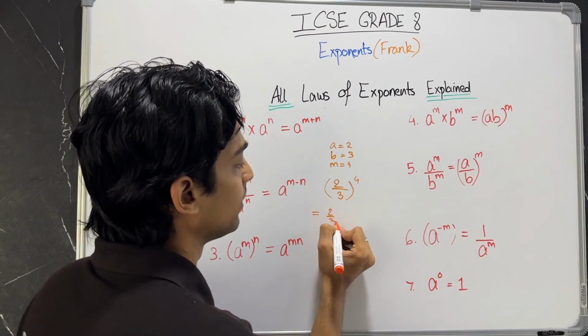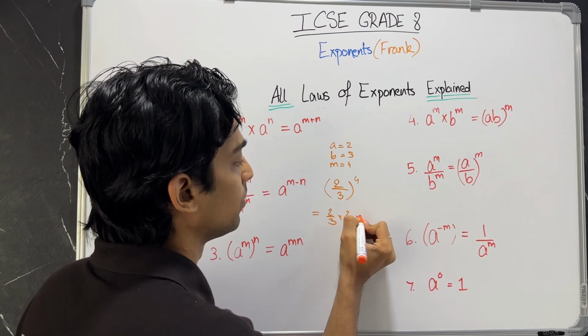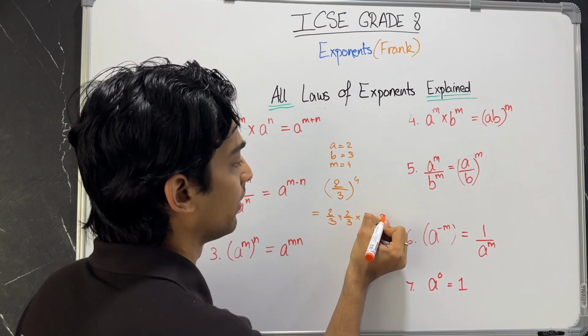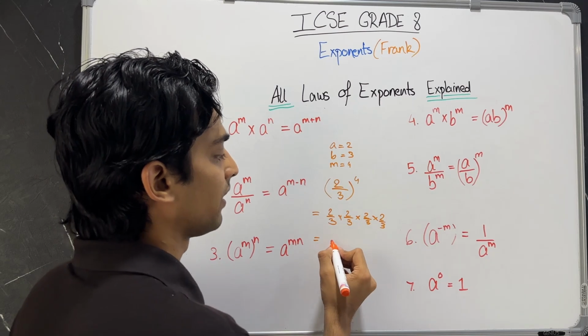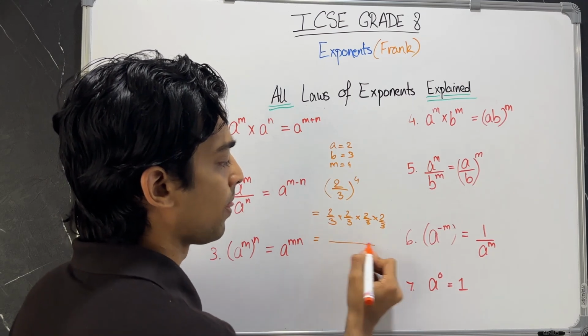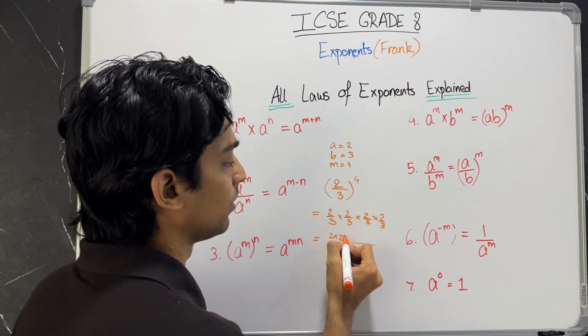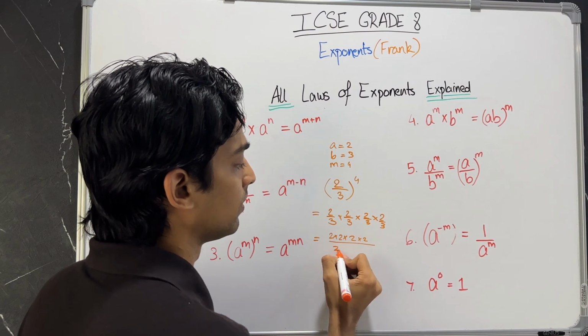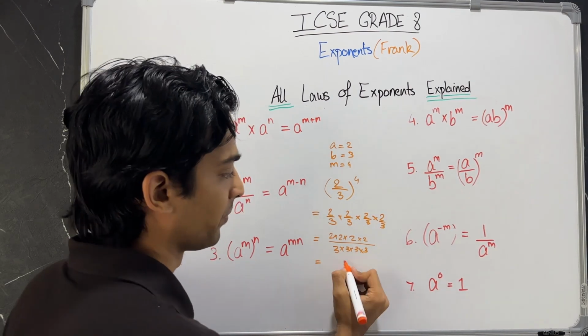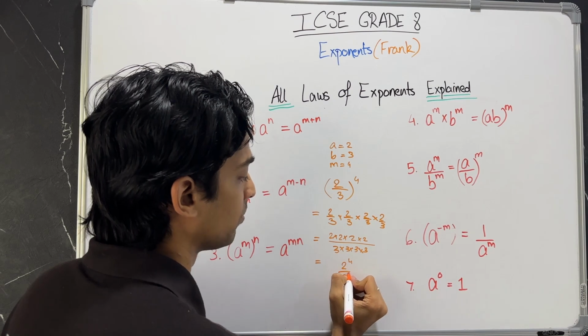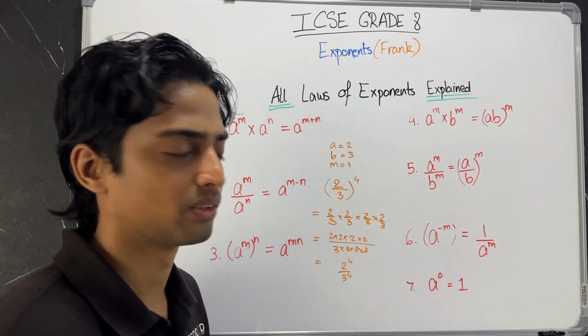So we'll get 2 upon 3, 1, 2, 3 and 4. So instead we can just write the whole fraction as 2 into 2 into 2 into 2 upon 3 into 3 into 3 into 3. This is nothing but 2 raised to 4 upon 3 raised to 4, which is a raised to m upon b raised to m.